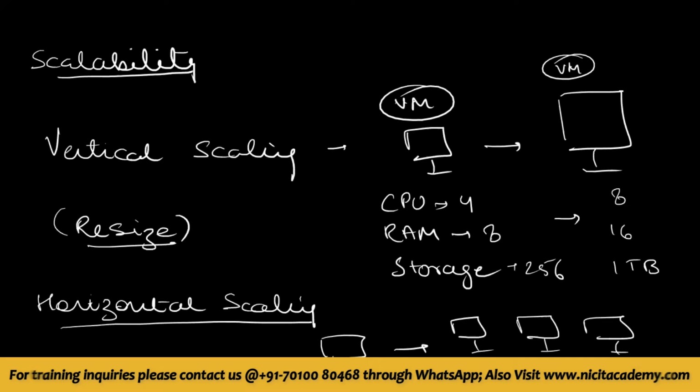We are more focused upon increasing the number of virtual machines. So you're not increasing or decreasing capacity here. You're increasing or decreasing the number of instances. Here you talk about increasing the capacity.